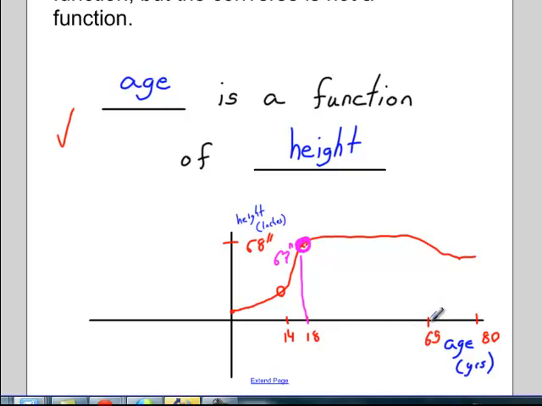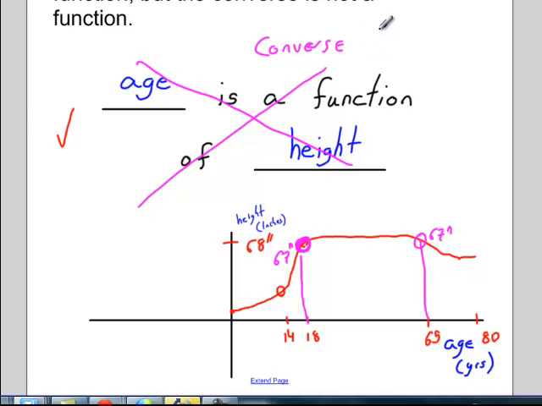Well, back at 65, we're 67 inches. So in this case, if we said height was the independent variable, 67 corresponds to 18 years old, and 67 corresponds to 65 years old. And remember, you can't have a repeat in your independent variable. So this one, the converse, is not a function.